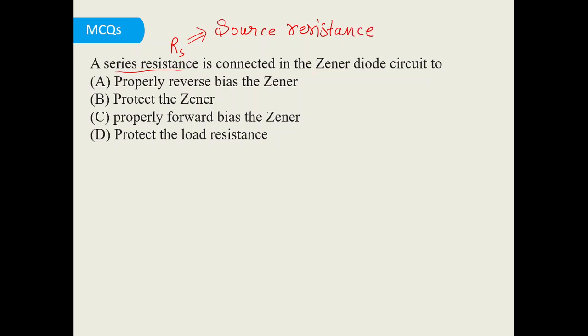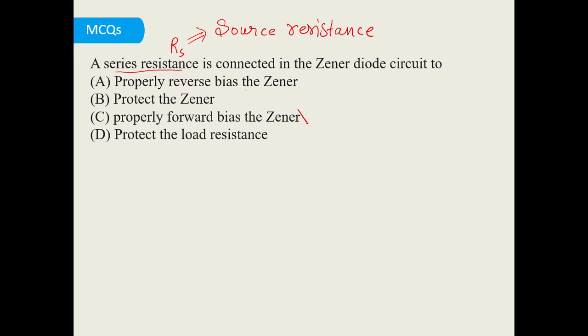For what purpose is this series resistance connected in the Zener diode circuit? The first option is to properly reverse bias the Zener. The Zener diode is always connected in reverse bias condition. Another is to protect the Zener diode, or to properly forward bias the Zener diode.